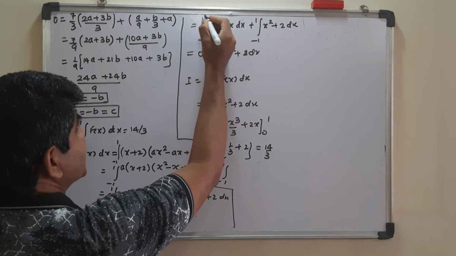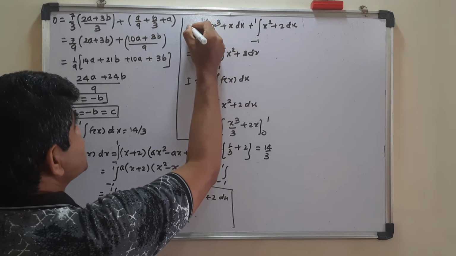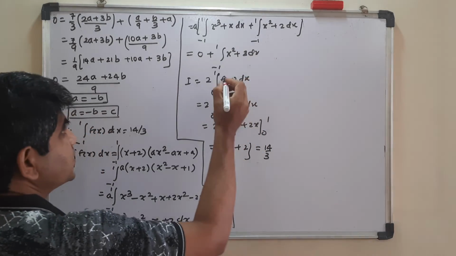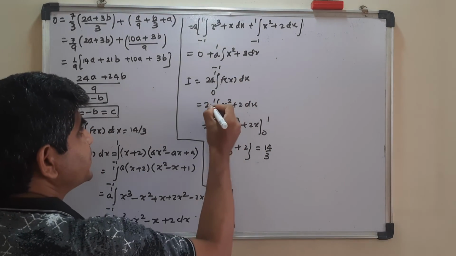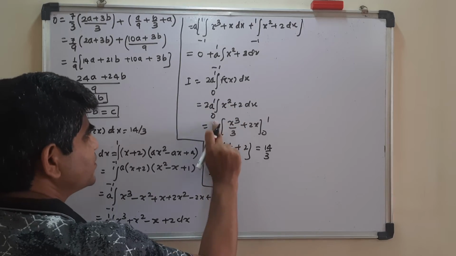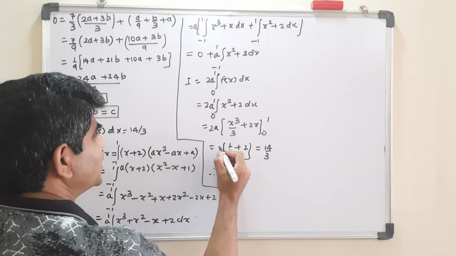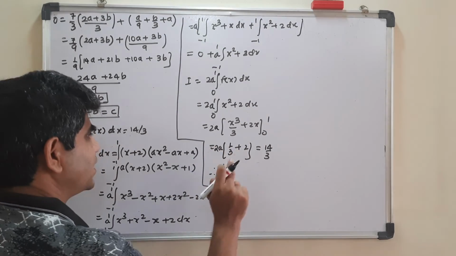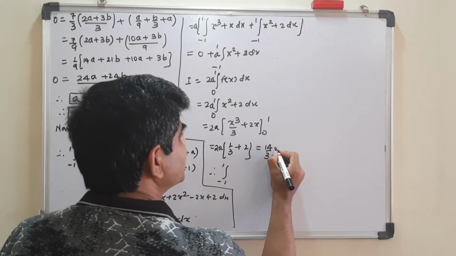So this is your a only for both, or you can take it like this in bracket. This is your a, even this is your a, here it is a, this is your 2a, and this is your 2a. Okay, sorry, not 2a, yeah, 2a. So that becomes your 14a by 3.